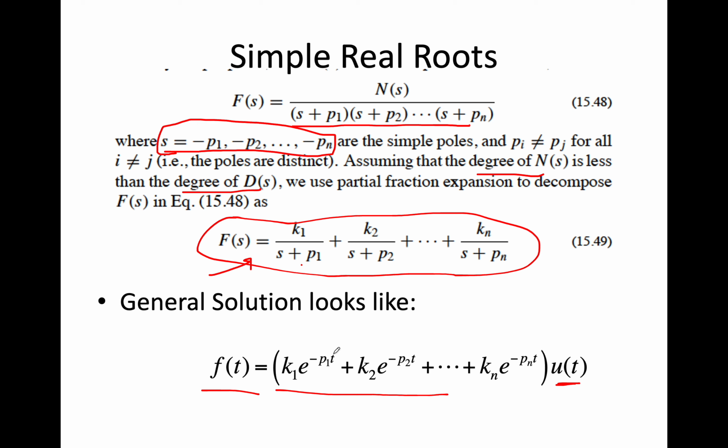So you could write this as time constants, but we actually don't in this portion of the course because we're going to use the poles in some plots and some additional analysis. So we just usually keep it in this form.